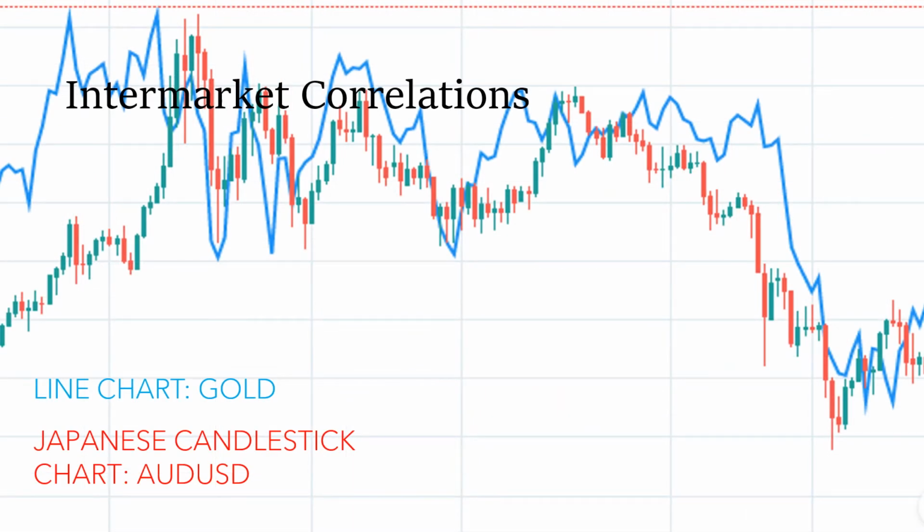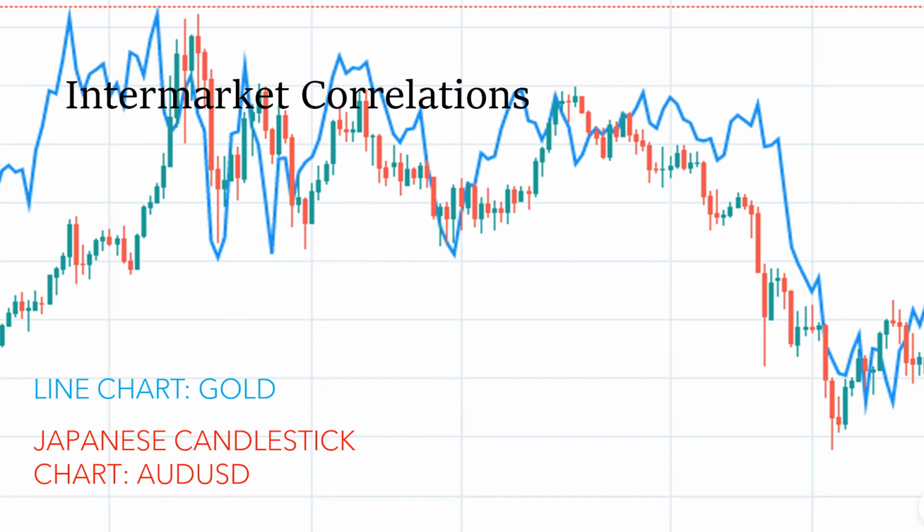Usually, when the dollar moves up, gold falls. This is because during times of economic unrest, investors tend to dump the dollar in favor of gold. Also, you should know that Australia is the third biggest gold producer, and so gold has a positive correlation with the Australian dollar to the US dollar.